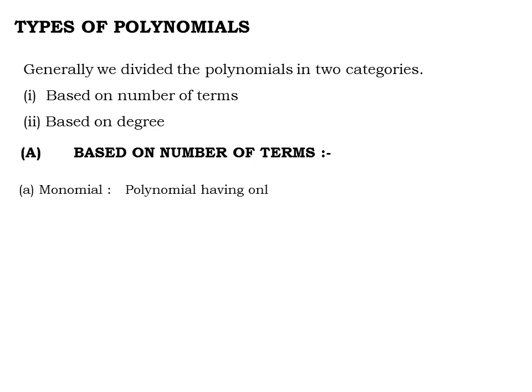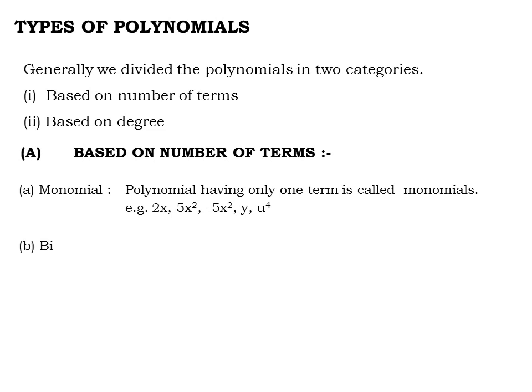A polynomial having only one term is called a monomial. Examples are 2x, 5x square, minus 5x square y and u to the power 4. In each case only one term is given, that's why it is called monomial.